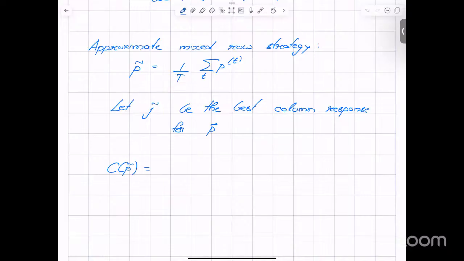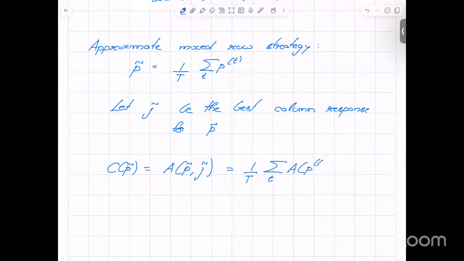This is exactly A P tilde J tilde. What is this? This is exactly summation 1 over T, the P tilde is this sum, so it's exactly A P J tilde.